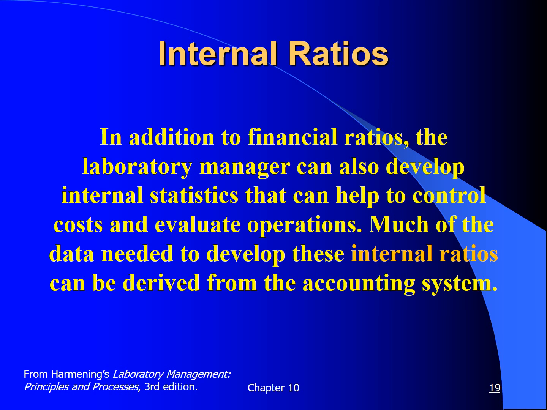In addition to financial ratios, the laboratory manager can also develop internal statistics that can help to control costs and evaluate operations. Much of the data needed to develop these internal ratios can be derived from the accounting system.